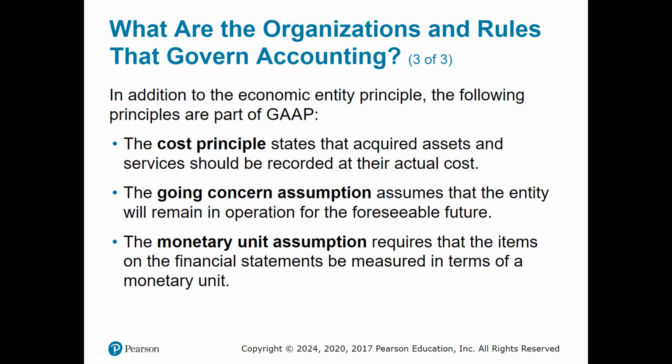If you receive a going concern exception on some financial statements that you have audited by an auditor, then that basically means that they think that there's a significant chance you'll go out of business within 1 year or less. And then the monetary unit assumption assumes that the values of whatever currency you're measuring those accounts in will be relatively stable over time.